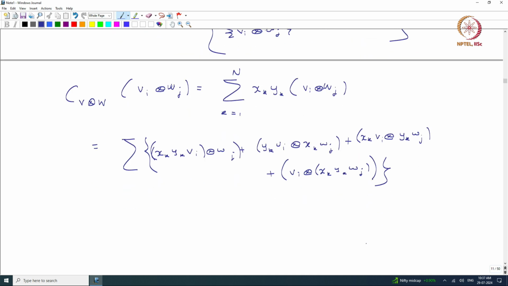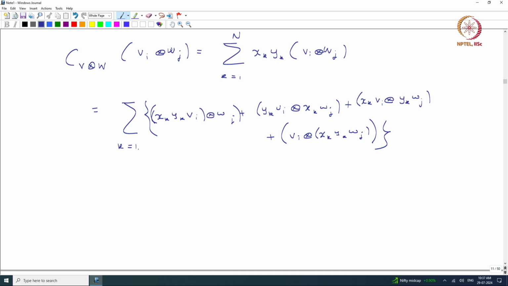This is the sum where k ranges from 1 to n square.